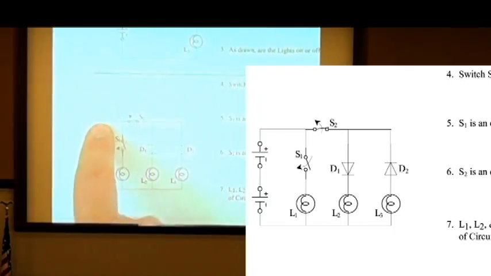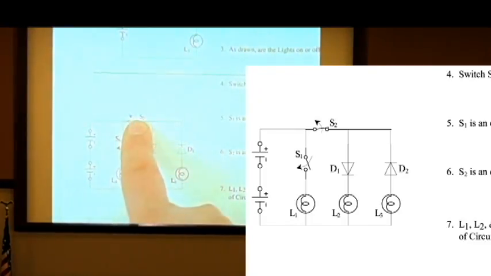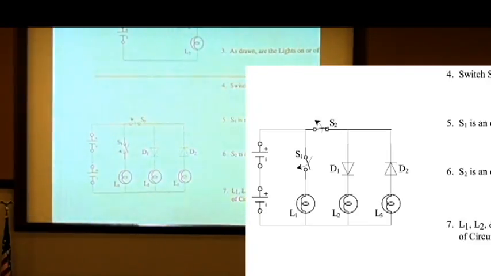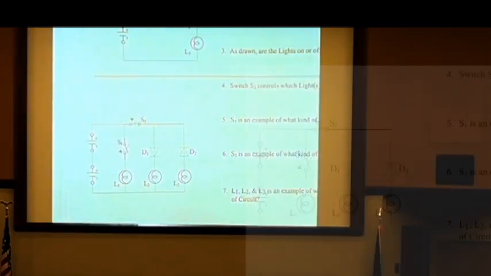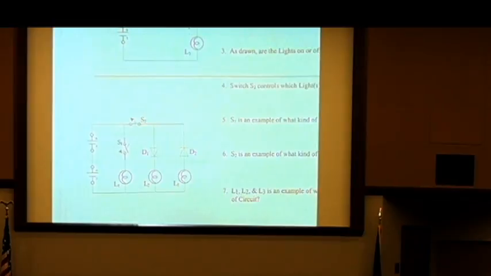So if the switch was over here, it has the potential of controlling the light, but only if the switch is closed. I will not get to that level of confusion. That's why I moved it over here. I just wanted you to understand that just because there's one switch doesn't mean it controls all the lights. It may control one light, two lights, or three lights, okay? Particularly in a parallel circuit, that's where that comes in.